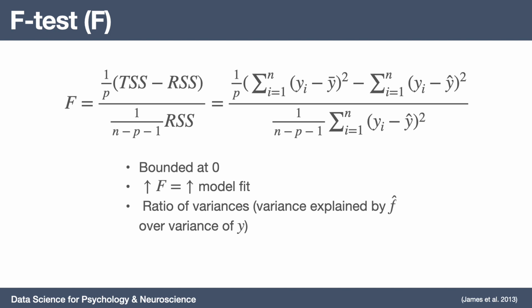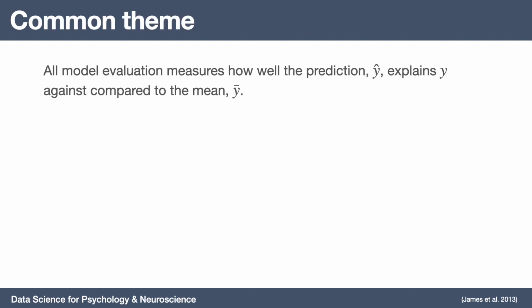Now, the RSE, R squared, and f model evaluations all basically are reflections of a common theme for evaluating your model. And this is central to most model evaluation techniques that we'll look at in this class. These model evaluation measures look at how well the prediction, y hat, explains variance in y compared to just the mean of y itself.